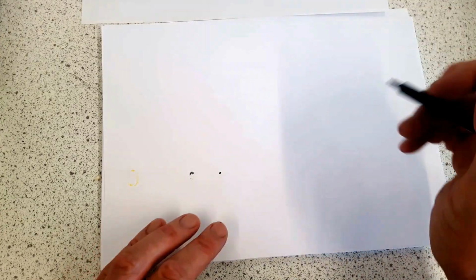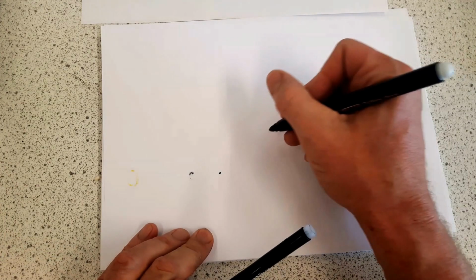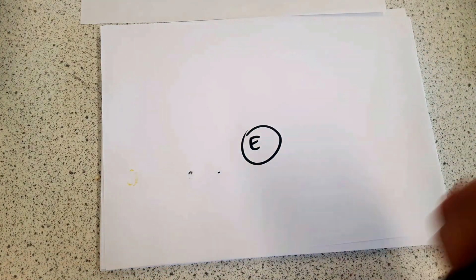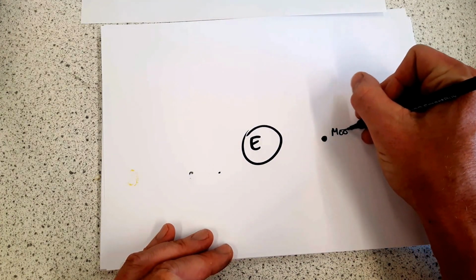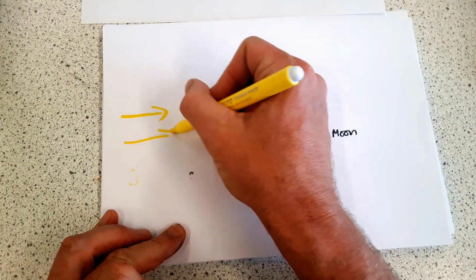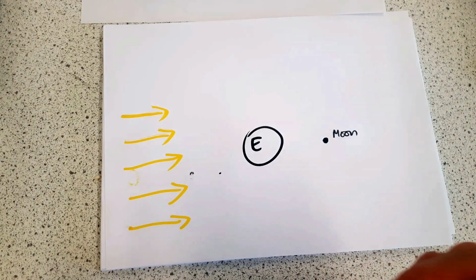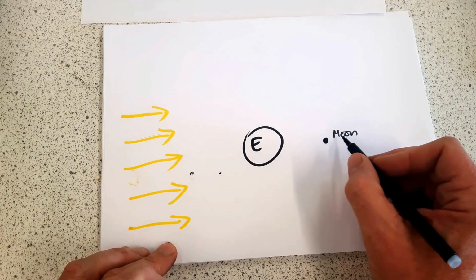So lunar eclipse, slightly different in that if we have the Earth here and the moon passing around the Earth on its orbit, if we imagine the light coming here from the sun in the distance, then the Earth will cast a shadow from the sun.